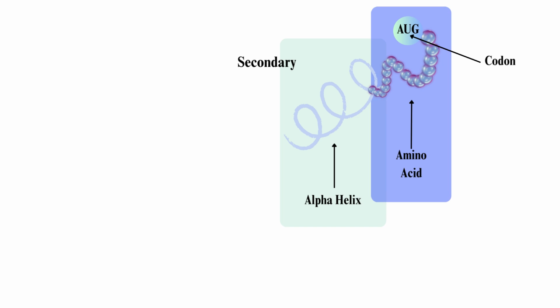The most common secondary structures are the alpha helix, a right-handed coiled structure, and the beta pleated sheet, a sheet-like structure formed by aligning polypeptide strands side by side, stabilized by hydrogen bonds between the adjacent chains. These sheets can either be parallel or antiparallel.